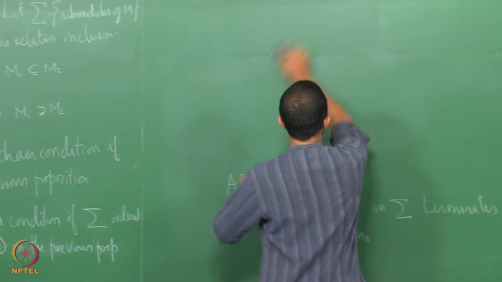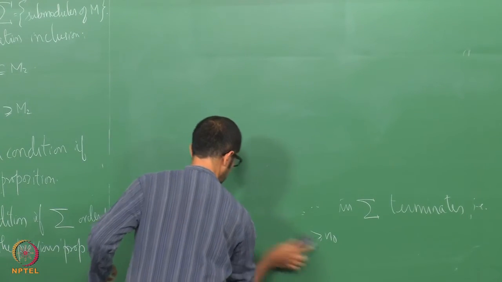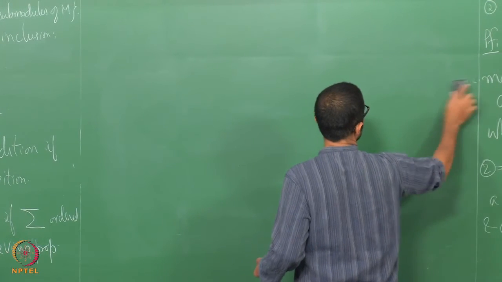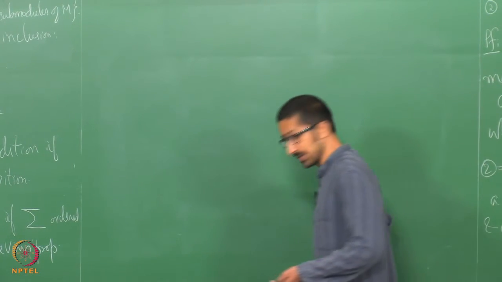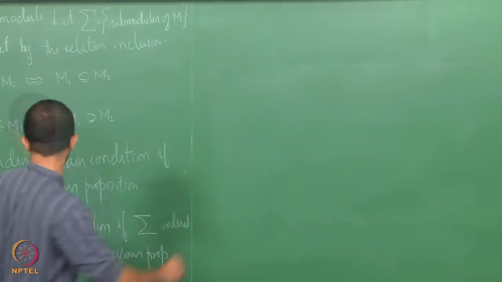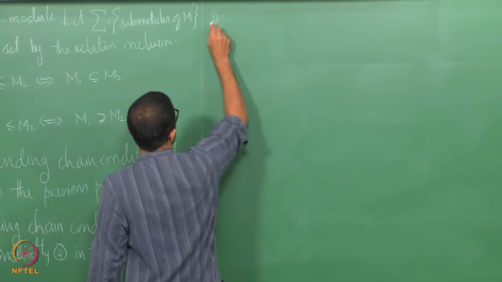Now let us look at some examples of these posets, partially ordered sets which satisfy ascending chain condition, descending chain condition, and so let me just make this definition once again.